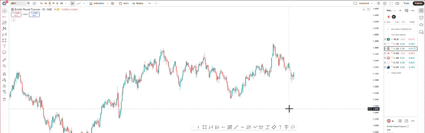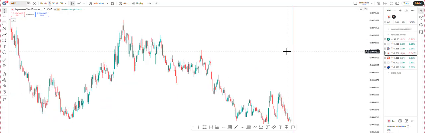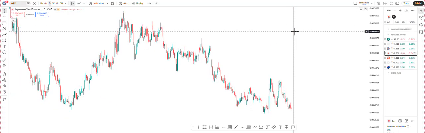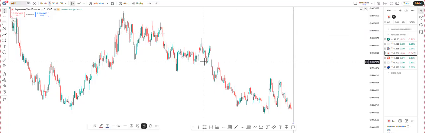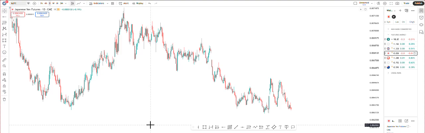Okay, so what we'll be doing next is the yen. We have a very good demand area just around here.